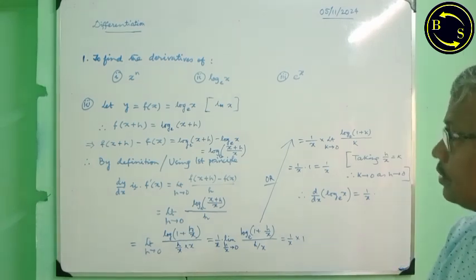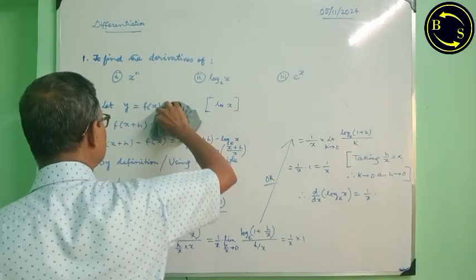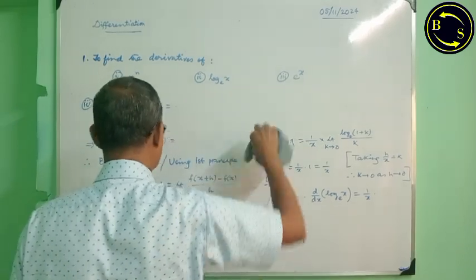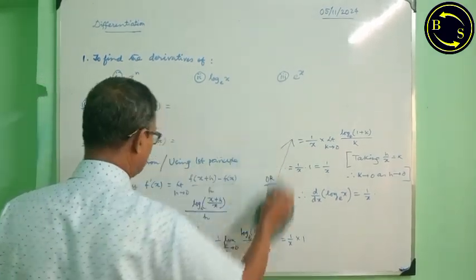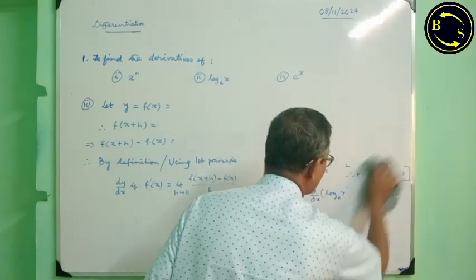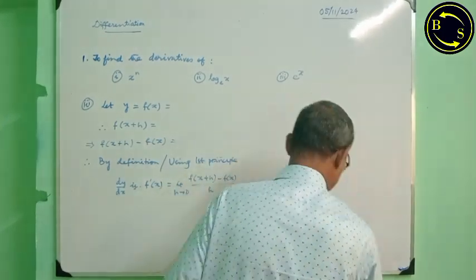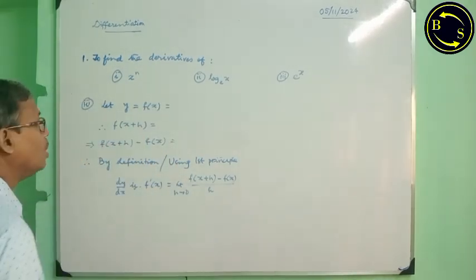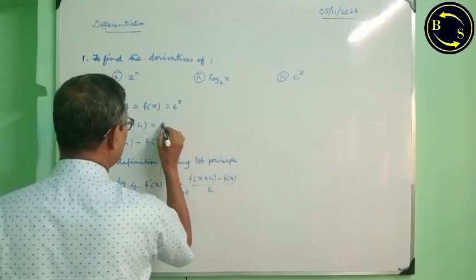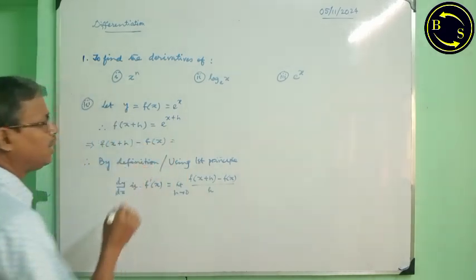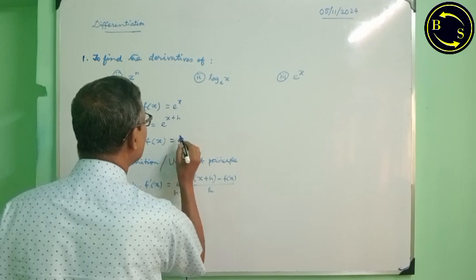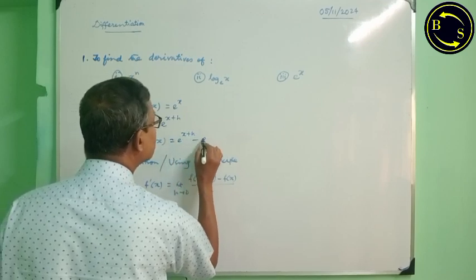Now, I rub the function. Here f(x) equal to e to the power x. e to the power x plus h will be f of x plus h, then f of x plus h minus f(x) is e to the power x plus h minus e to the power x.